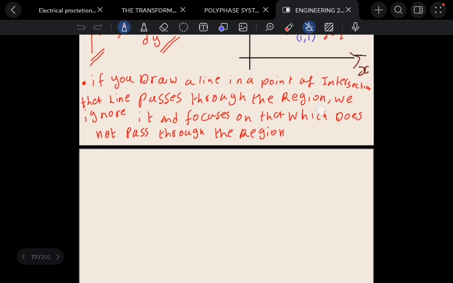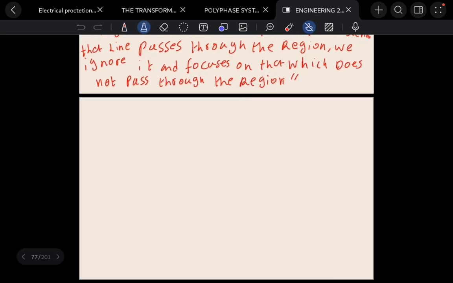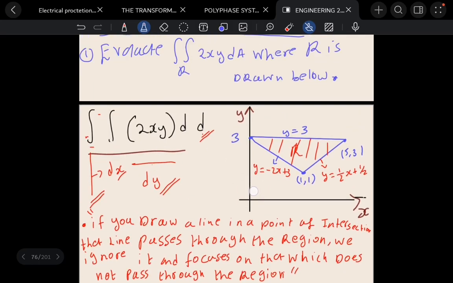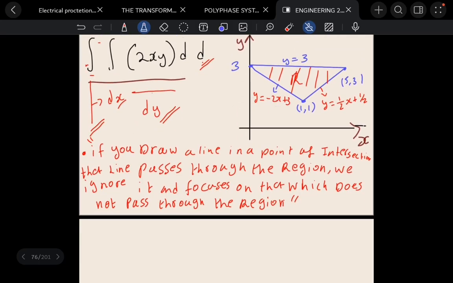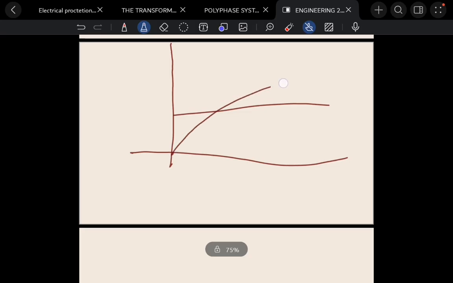Right. Now, you may fix the thing in here. I'm going to draw a simple region here. I'm going to get back to this problem. I'm trying to explain how you would get your thinking. Right. So let us draw a simple region. Let's say your region is in this form.